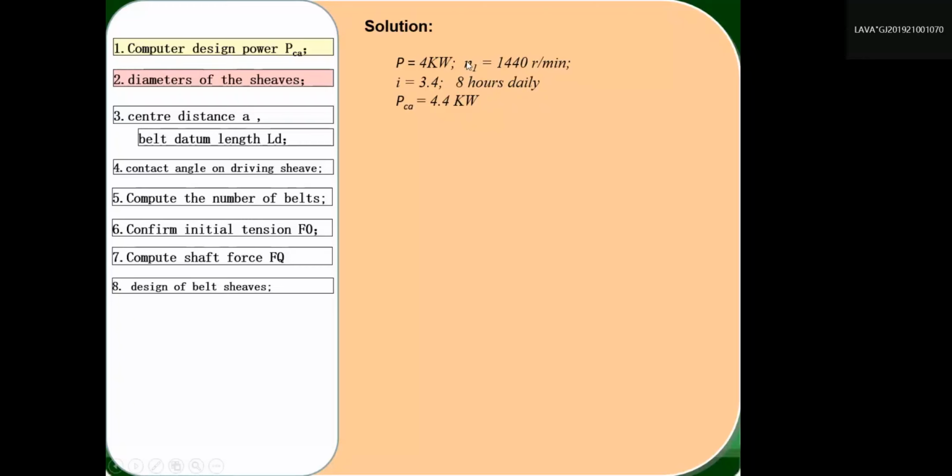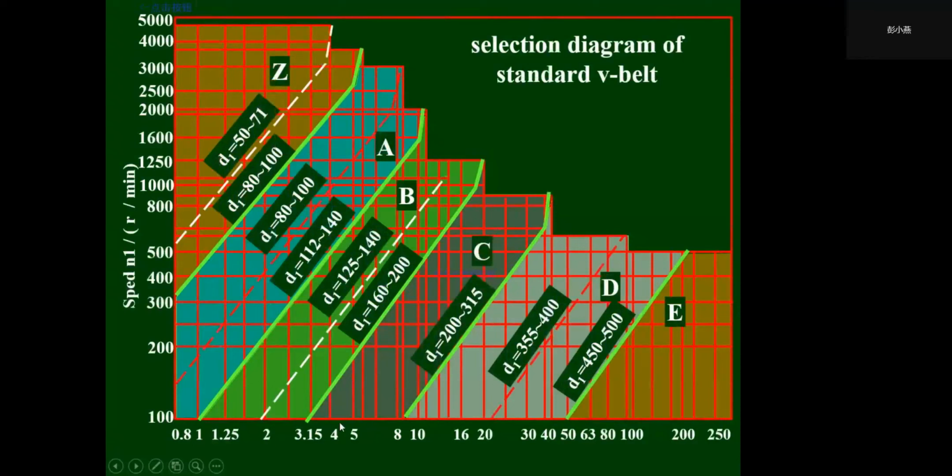The speed N1 is 1,440 revolutions per minute, okay? So on the horizontal axis, PCA is 4.4, and the speed N1 is 1,440.